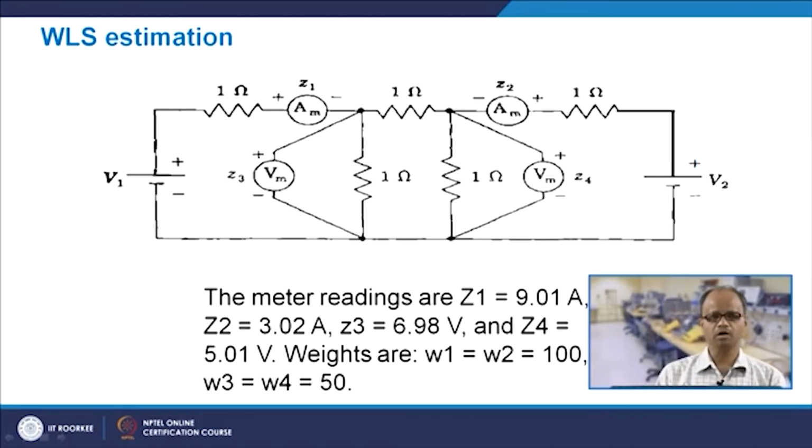Now, our unknown state vector, or rather essentially our unknown quantities which we try to estimate from these 4 measurements, are V1 and V2. So, the first thing we have to do is to express these measurements in terms of these unknown voltages, or rather in terms of the unknown quantities.